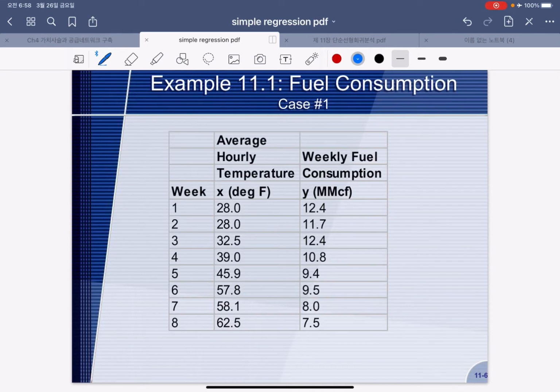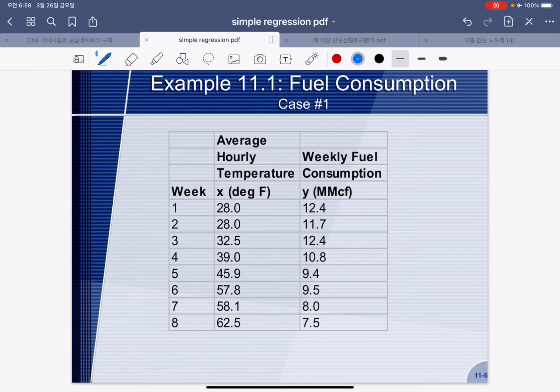And we are going to use this example for today's class. In this case, we have average hourly temperature as an independent variable, and we have a weekly fuel consumption for dependent variable, right?